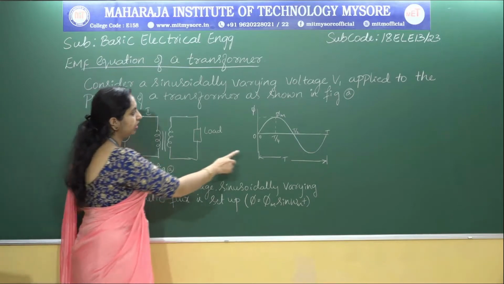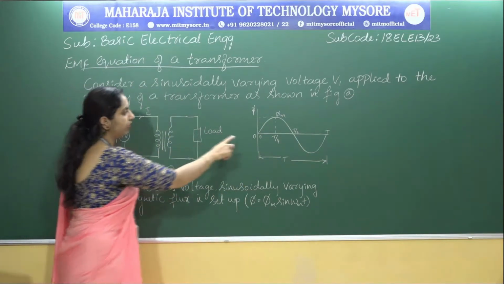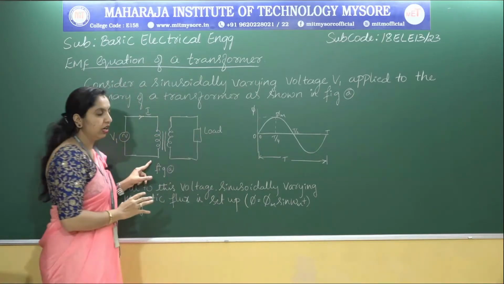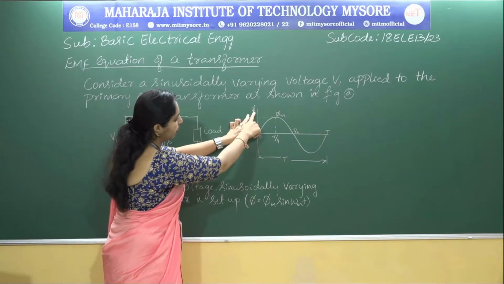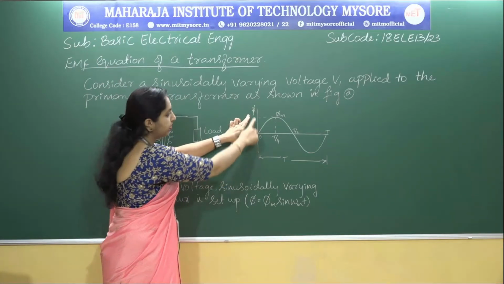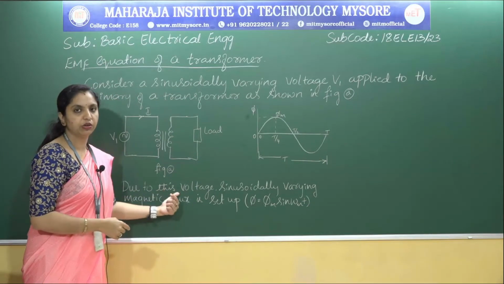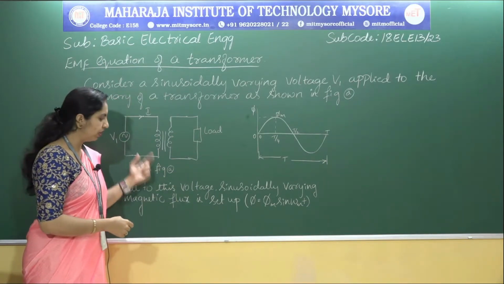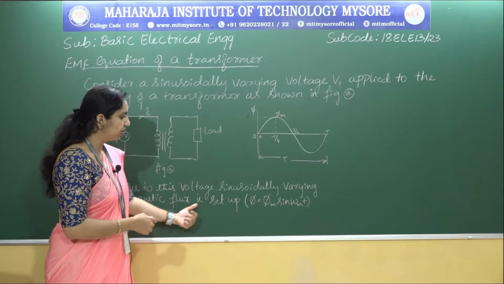You can see a sinusoidal signal which we feed at the input, and similarly we get a sinusoidal signal at the output. Just observe this figure. We have represented the flux in the form of phi. Why have we represented it in this form? Due to the input voltage, a sinusoidally varying magnetic flux is set up.